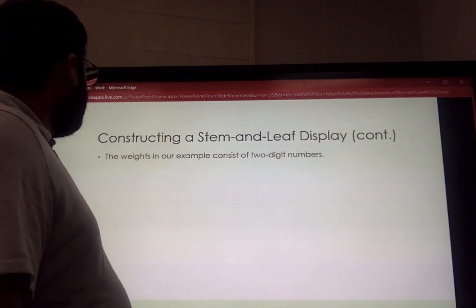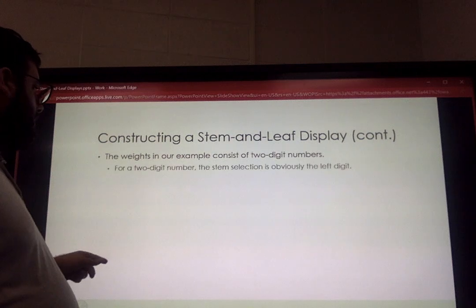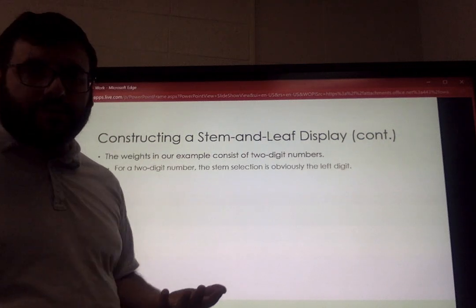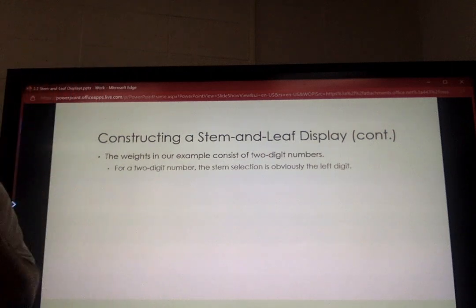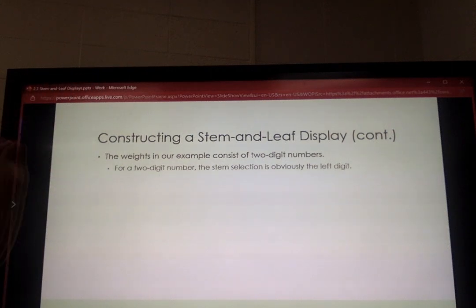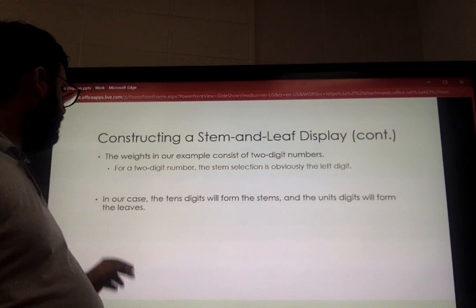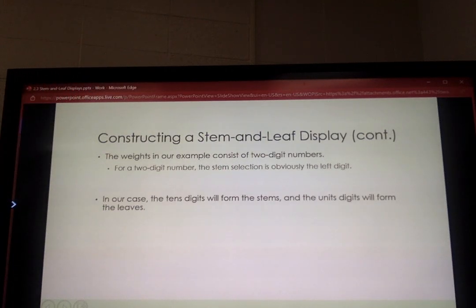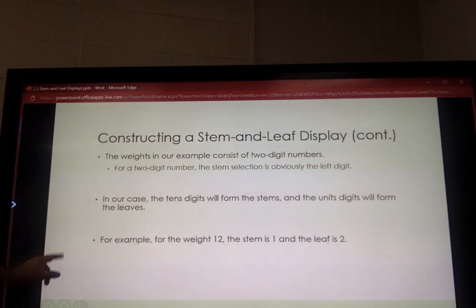Okay. So the weights in this example consist of two-digit numbers. For a two-digit number, obviously the left digit, the tens digit, is going to be our stem, and the ones digit is going to be our leaf. So in this case, the tens digit will form the stems and the units digit will form the leaves.